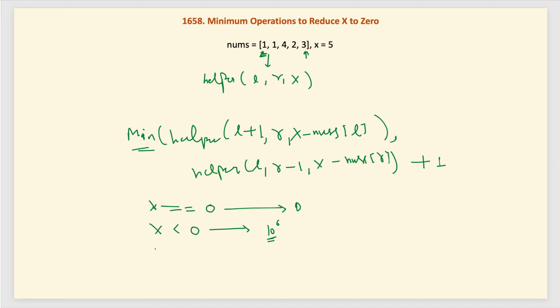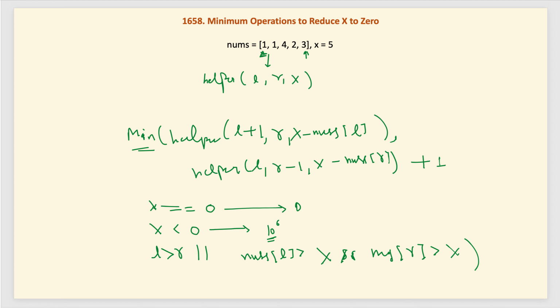Another case is if L crosses R, or both side values are greater than the remaining x value. This condition is not strictly needed, but we can add it: nums of L is greater than x and nums of R is also greater than x.